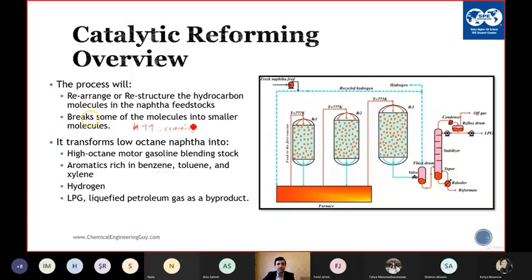We don't want cracking in other units. However, we cannot avoid it. If there's a high temperature, then obviously there will be some cracking. And what happens when there is cracking? Gas is formed, and coke forms on the catalyst. And as I told you, hydrogen is produced in the CCR.